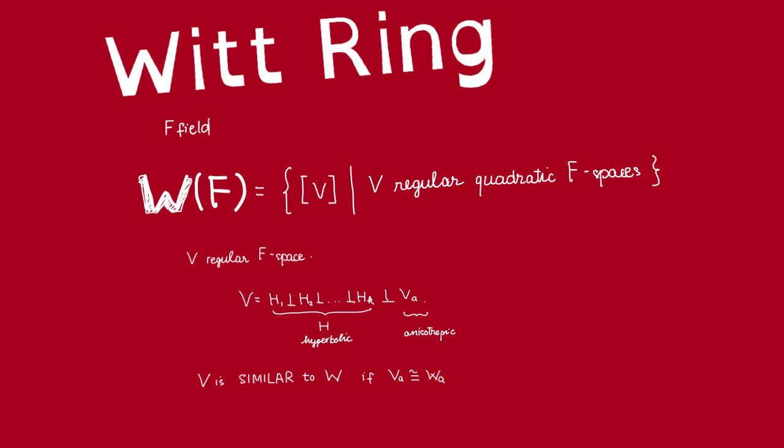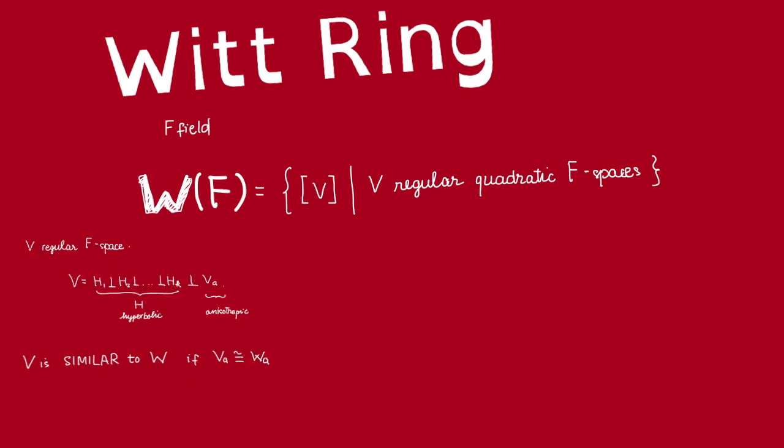Hyperbolic space is just a perp of hyperbolic planes. So we'll say two regular quadratic F spaces are similar if their anisotropic parts are isometric. And we'll denote the similarity class by this. Observe that V must be similar to V_A, its anisotropic part.